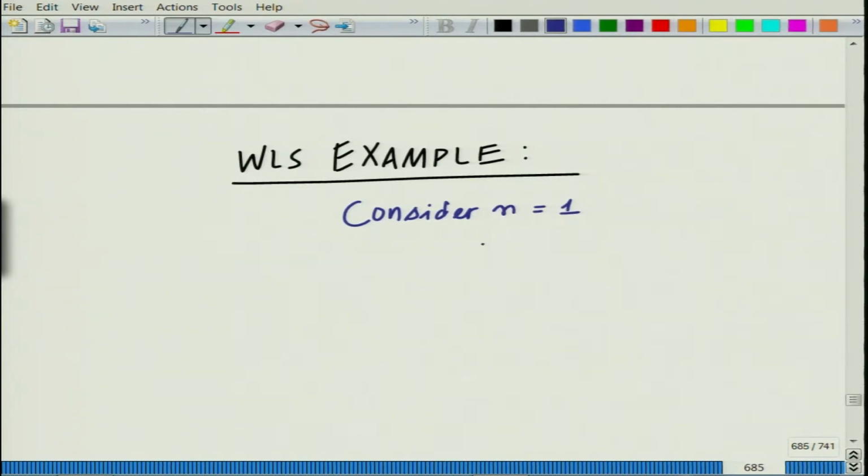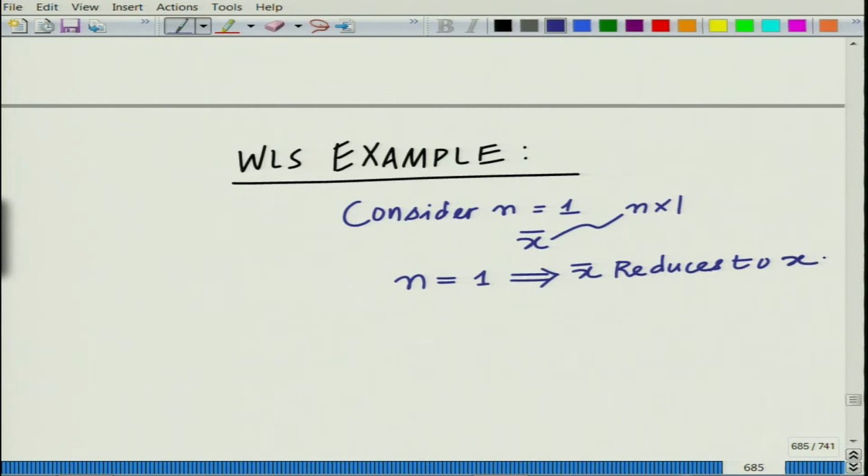Remember, the size of x bar is n cross 1. So, n equal to 1 implies that x bar reduces to simply a scalar quantity x.